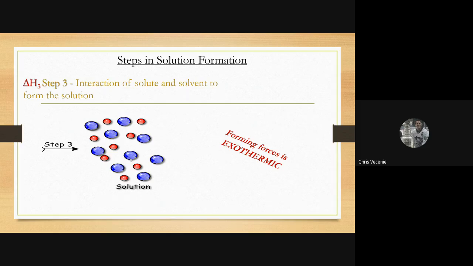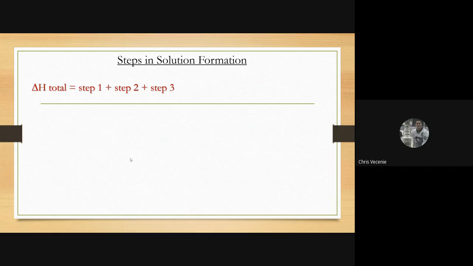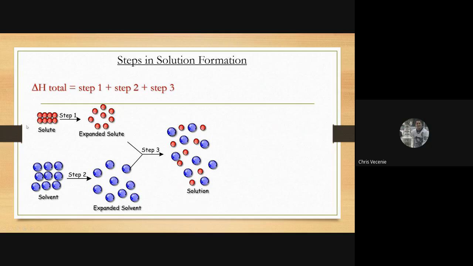So overall, the process can be endo or exothermic based on how strong the forces are in each of those steps. So here's the 3 steps: separating the solute in step 1, separating the solvent in step 2, and forming the solution in step 3.